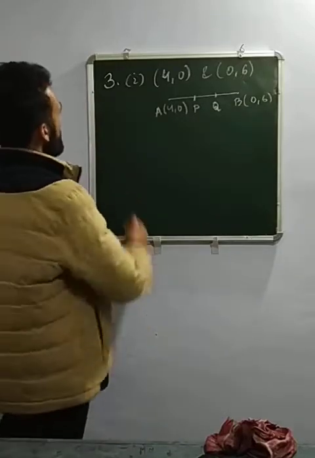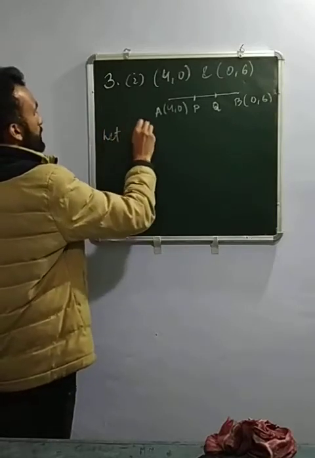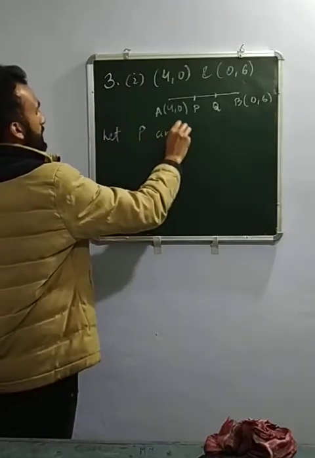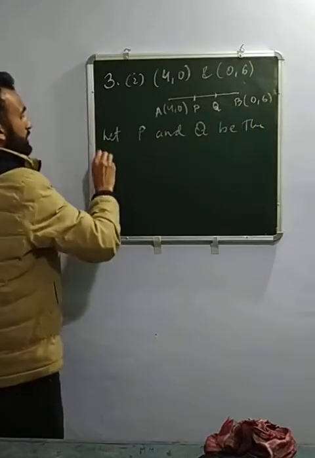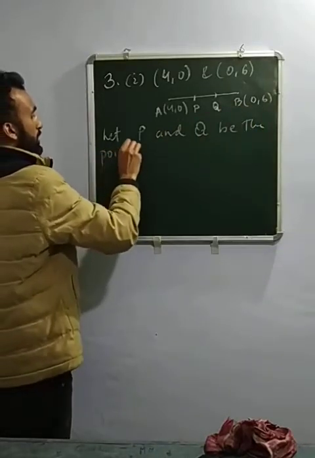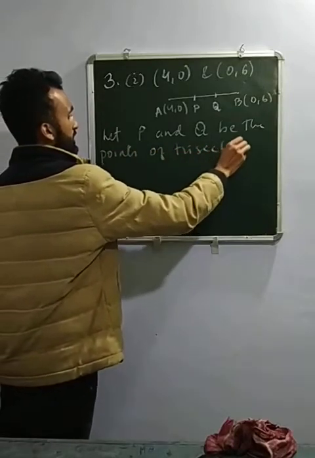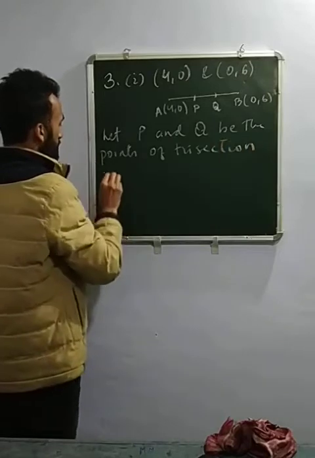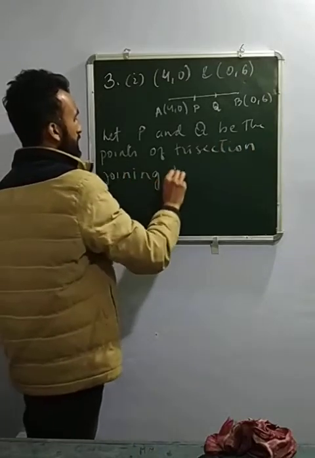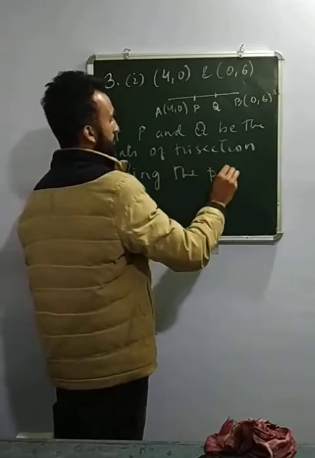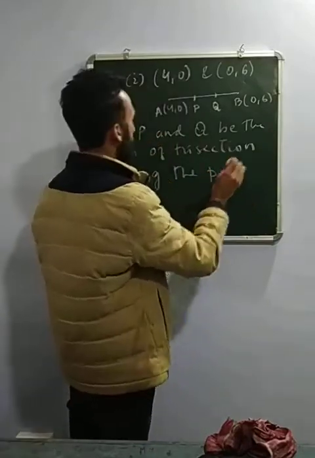Now let me say, let P and Q be the points of trisection of the line joining the points.